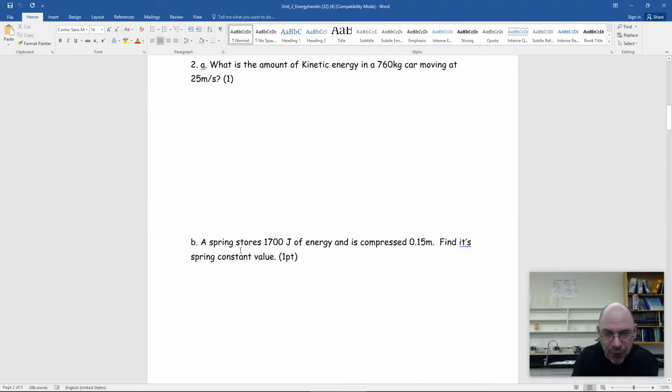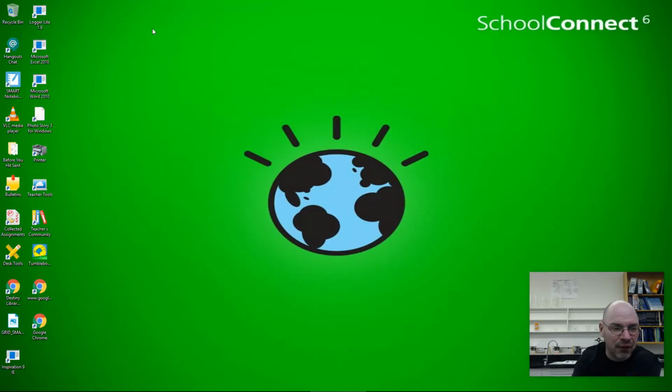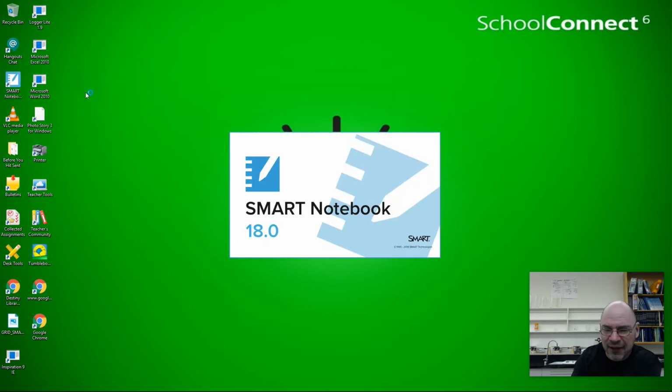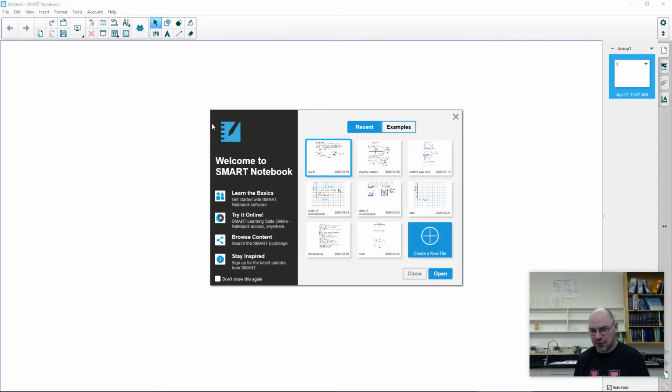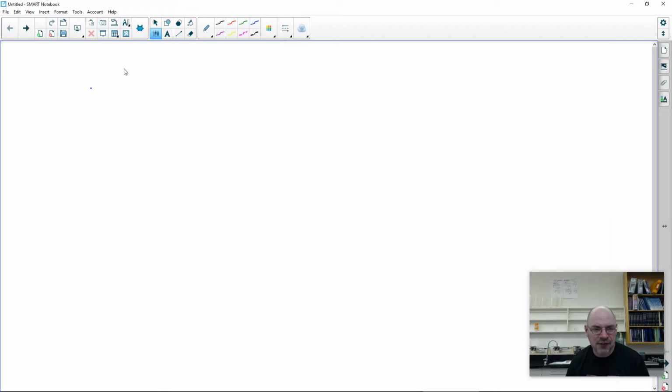Okay, so a spring stores 1700 joules of energy and is compressed 0.15. Find its spring constant value. Okay, so the equation for that one, let's just bring up the board here. That is an elastic potential energy equation, or EEP. So you're going to use this equation here.